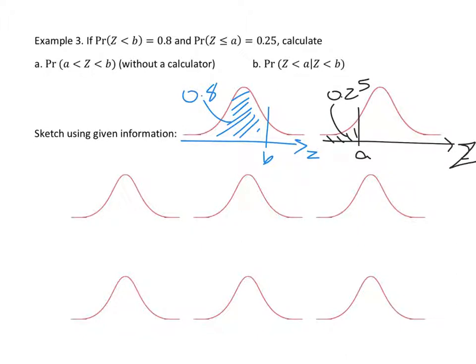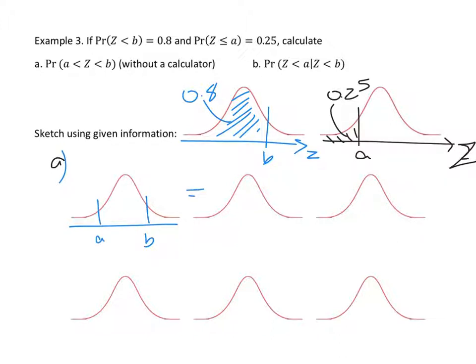That's a z, not a 2. Now, if I want to work this out for a, what I need to do is work out the area between a and b. I can draw this in over here, and I know b is somewhere over here, and a is somewhere over here.